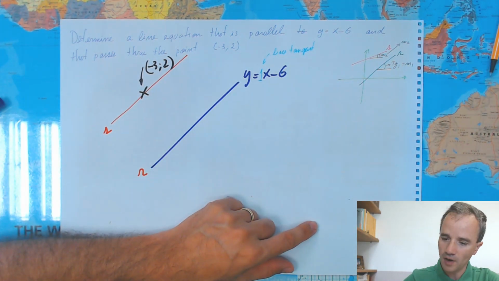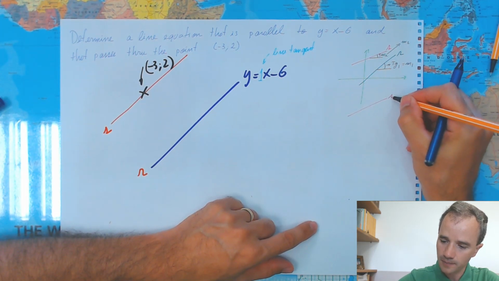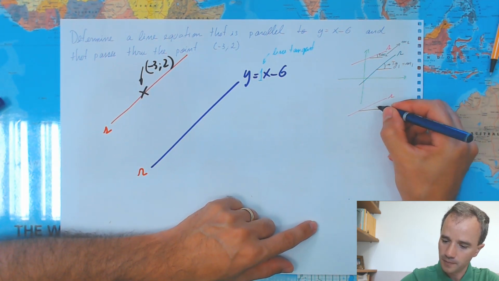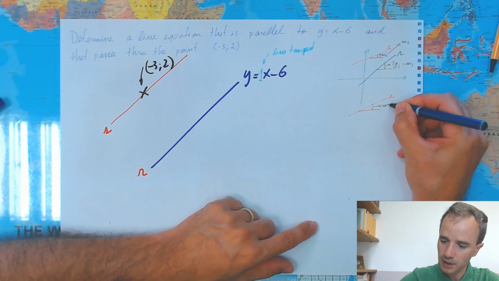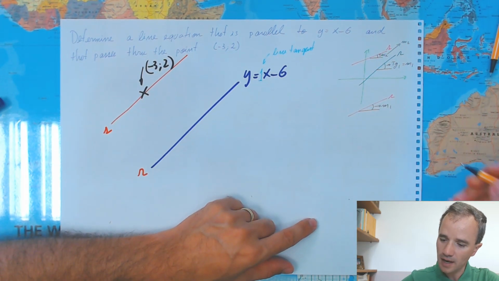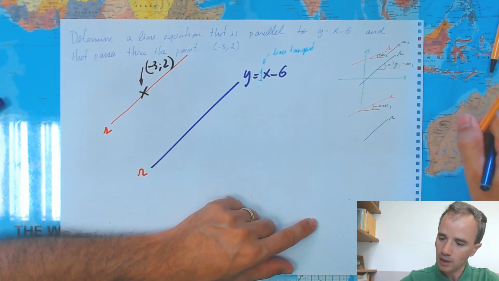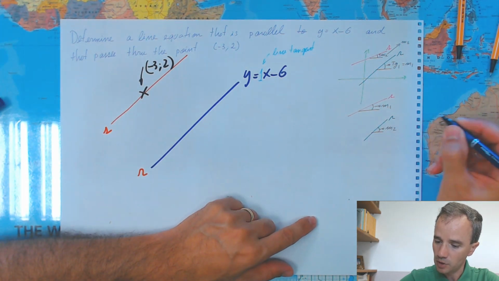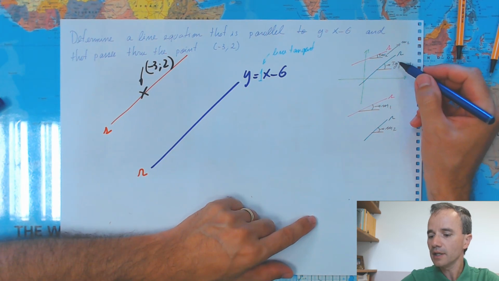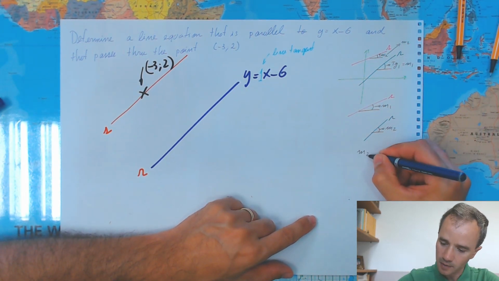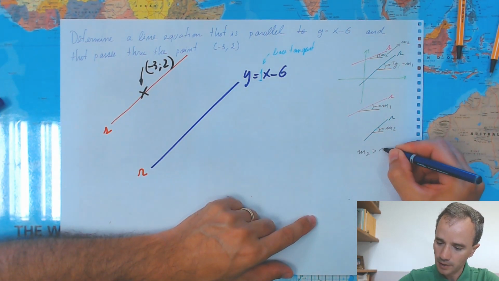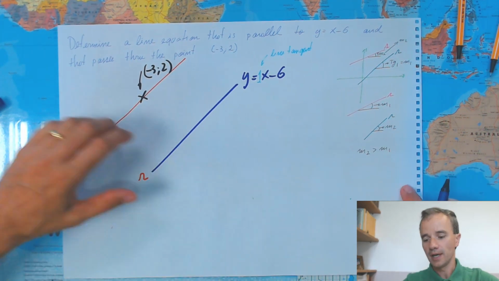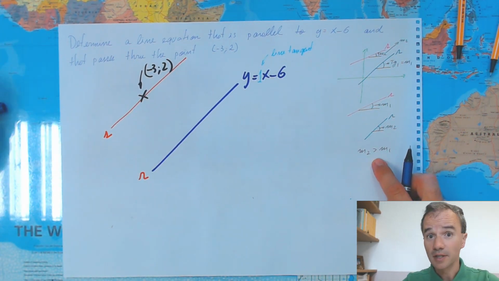So we have our line S, which has inclination M1, and our line R, which has inclination M2, and clearly M2 is going to be bigger than M1. Because they are different, they are not parallel.